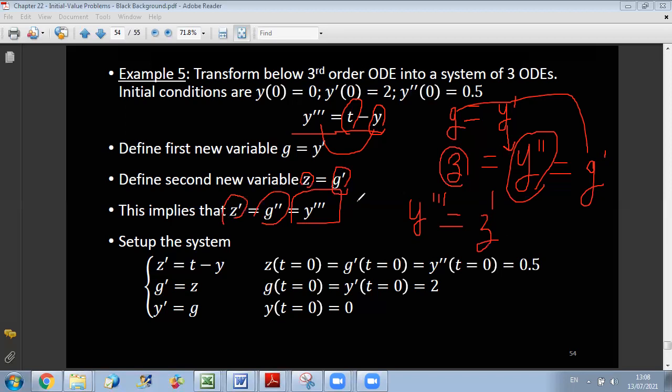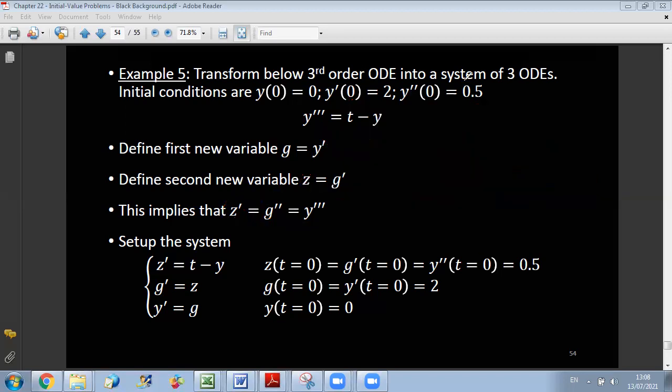By doing so, what are the three equations involved in my system? First, I have this differential equation, which will remain as it is, but I will replace y third by its value in terms of a first derivative. I will not use g second because it's a second derivative. I will use the variable whose first derivative gives me y third, which is z prime. So my first equation will be the first derivative of z equals t minus y.